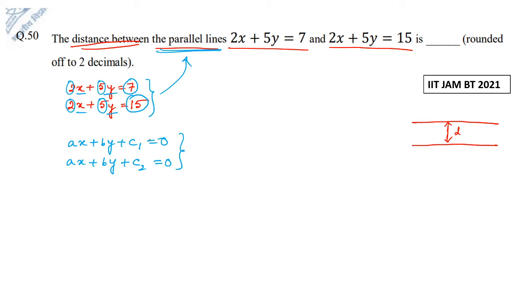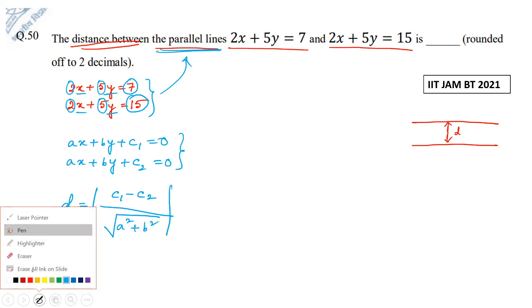If the equations are in this form, then the formula to find the distance between them is D equals mod of c1 minus c2, that is the difference between c1 and c2, divided by root over a square plus b square, that is the coefficients of x and y.